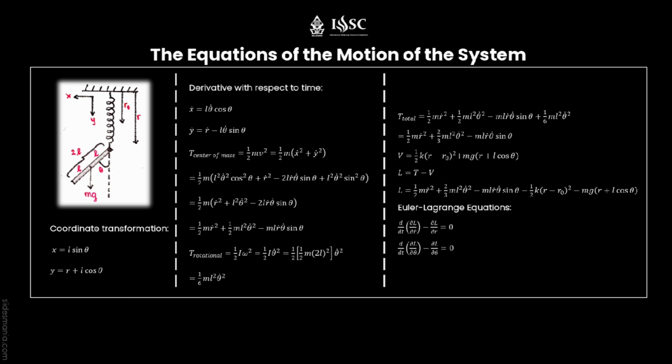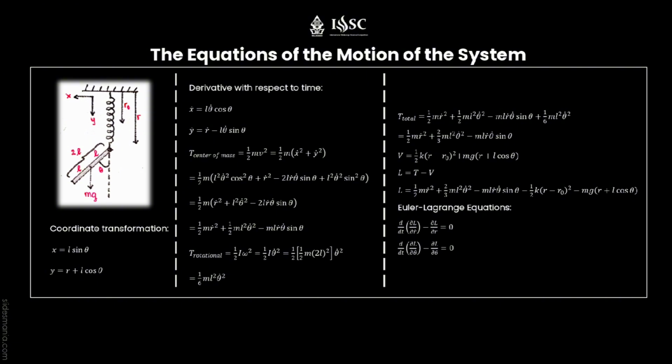So, the center of mass equals 1/2 m r dot squared plus 1/2 ml squared theta dot squared minus ml r dot theta dot sin theta. For the rotational, T equals 1/2 I omega squared equals 1/2 I theta dot squared. So, the rotational equals 1/6 ml squared theta dot squared.